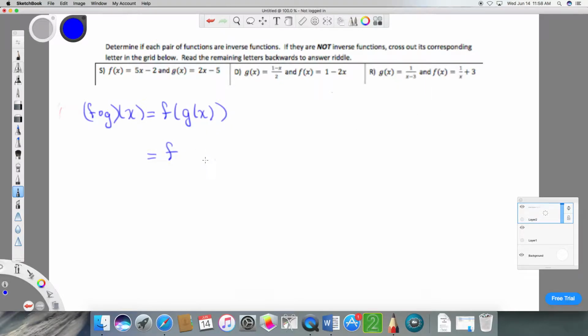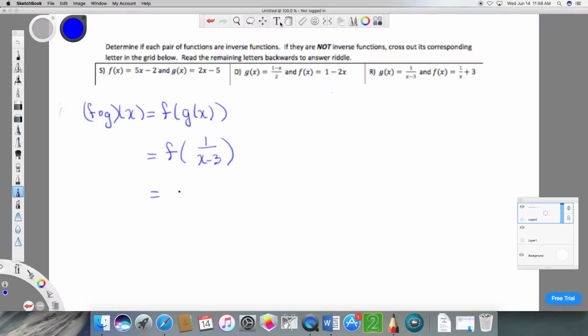And g is this ratio, 1 over x minus 3. So f always takes the input no matter what it is, and the first term takes the reciprocal of that input. And so the reciprocal of 1 over x minus 3 is x minus 3.